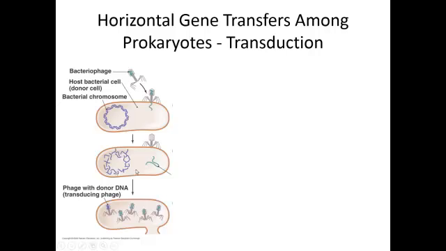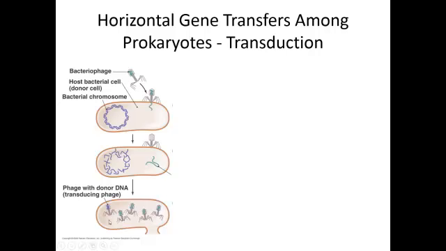Well, the bacteria can't transcribe that DNA anymore, so now it can only transcribe and translate the viral protein. The cell makes a whole bunch of parts for the phage and also makes viral DNA, and that viral DNA gets packaged into the head of the phage.